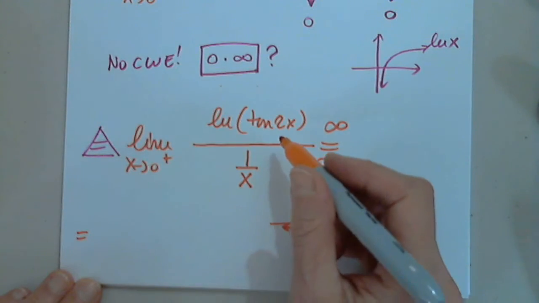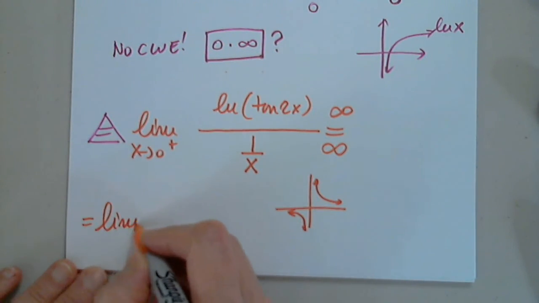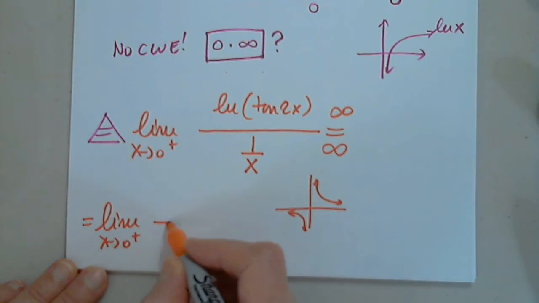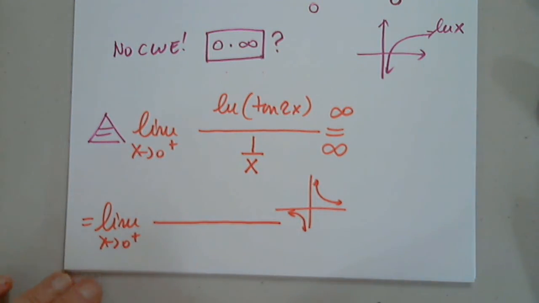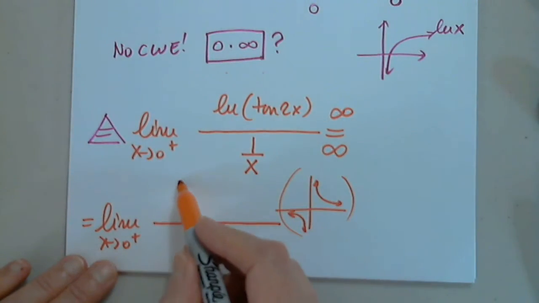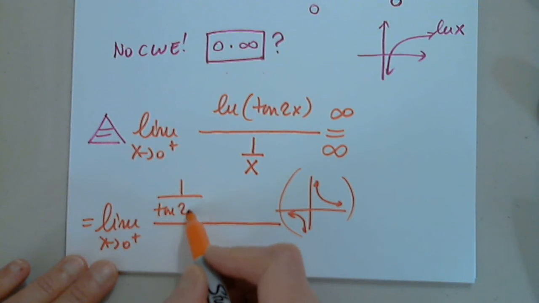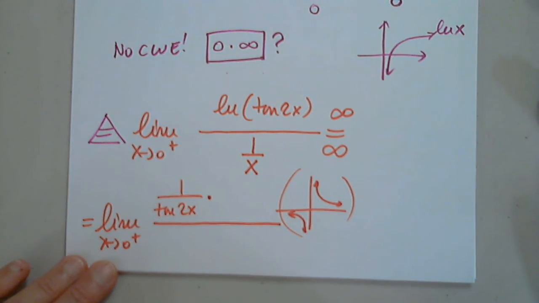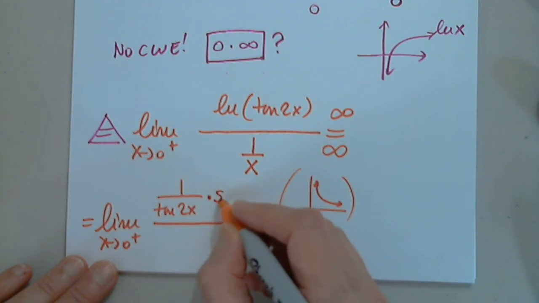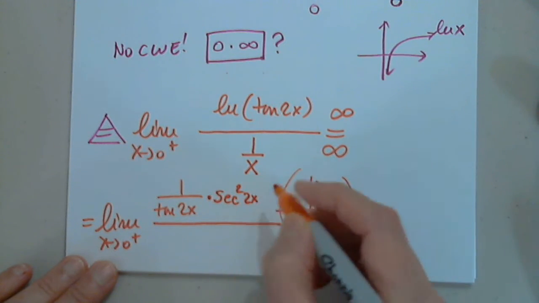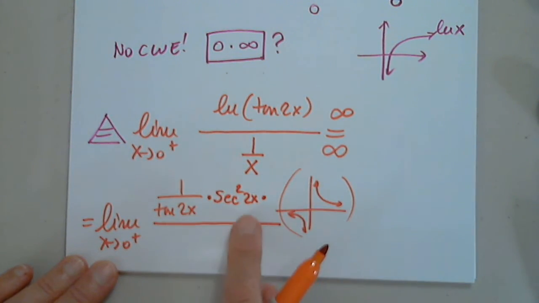Can anyone give us the derivative of the top? 1 over tangent 2x times 2x. 1 over tan 2x times secant squared 2x. Excellent. Times 2.